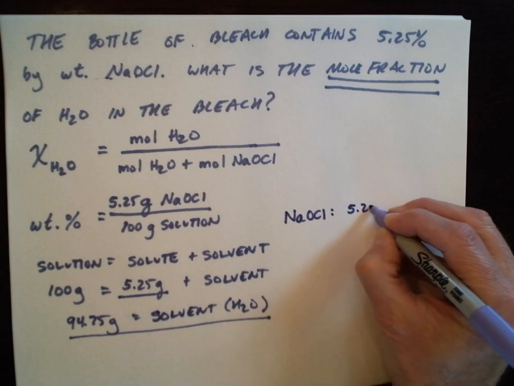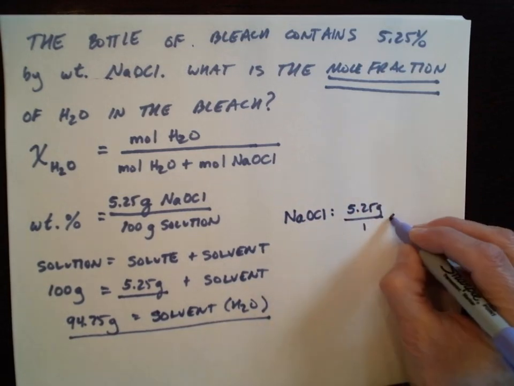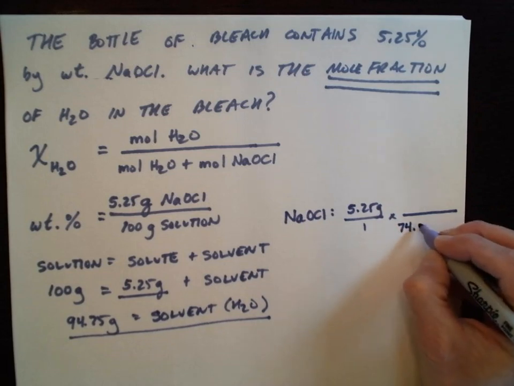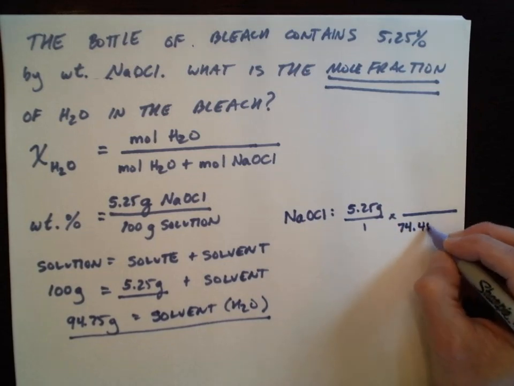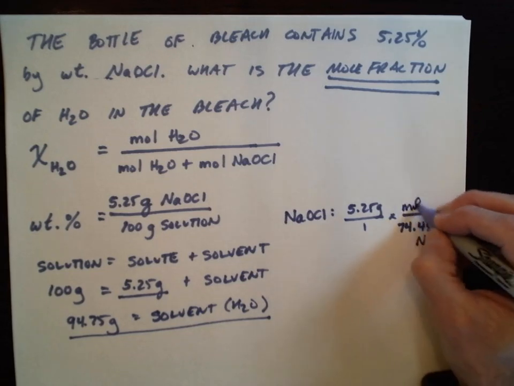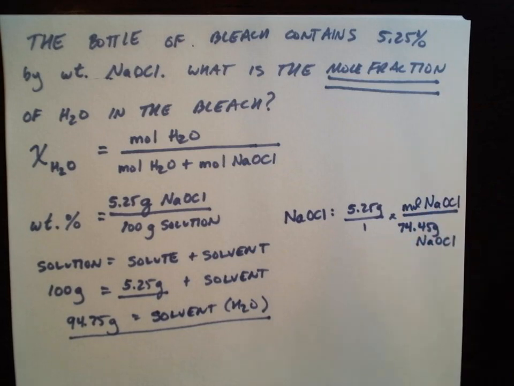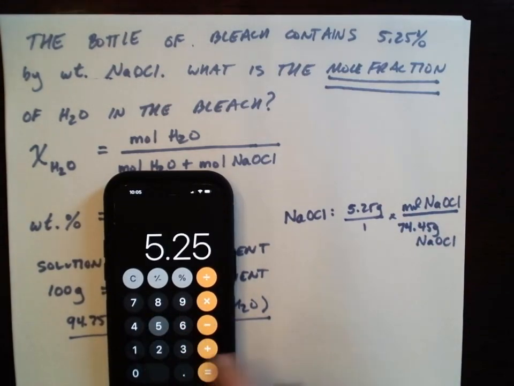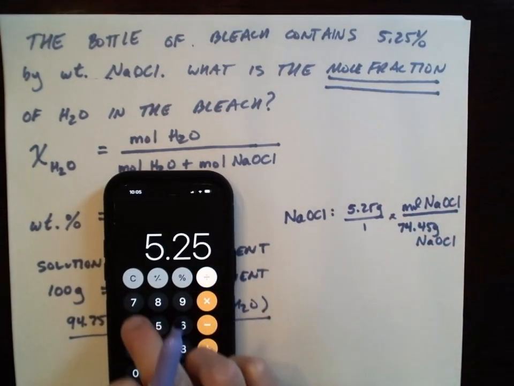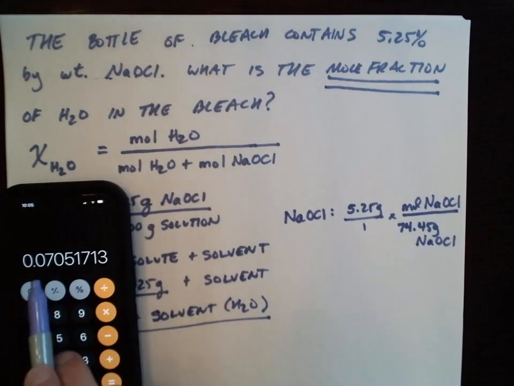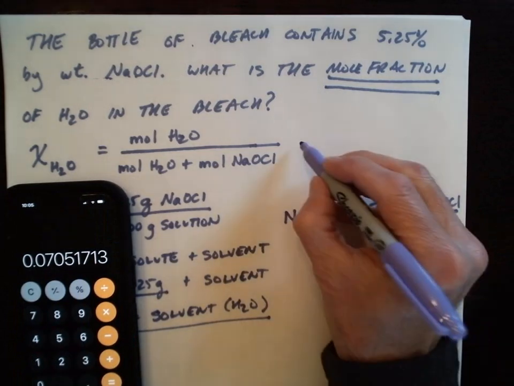We have 5.25 grams of it, and I know that there are 74.45 grams of sodium hypochlorite for every mole of sodium hypochlorite. So this will help us calculate our moles of sodium hypochlorite: 5.25 divided by 74.45.